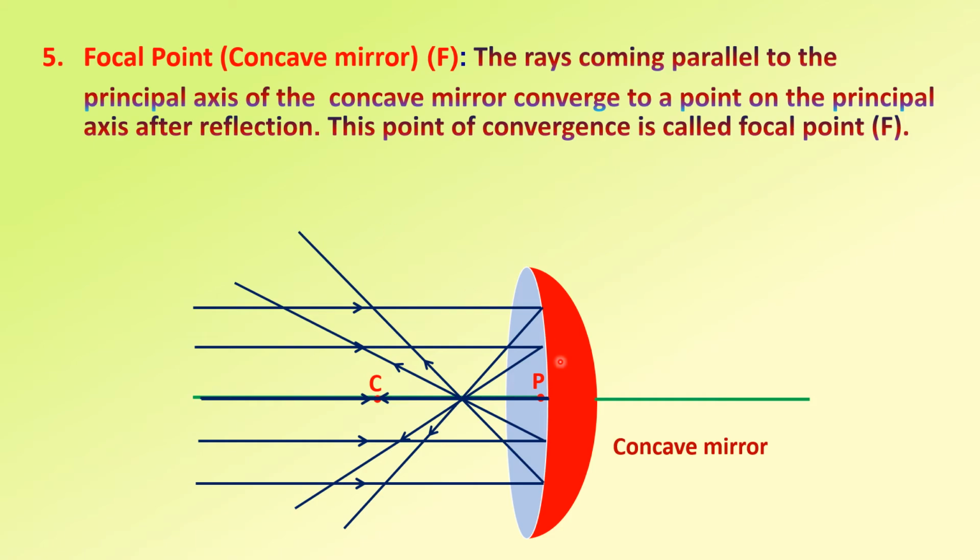So you should remember that the concave mirror is sometimes referred to as the converging mirror. Why? Because it will converge all the reflected rays to a point. That's why it is called the converging mirror also. Okay, so here F is the focus or focal point.